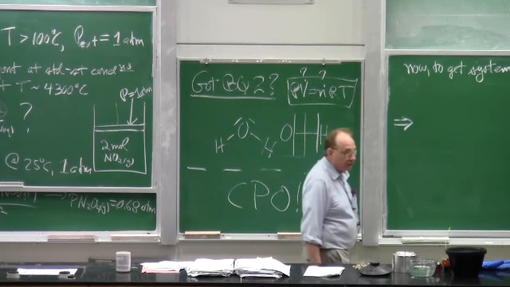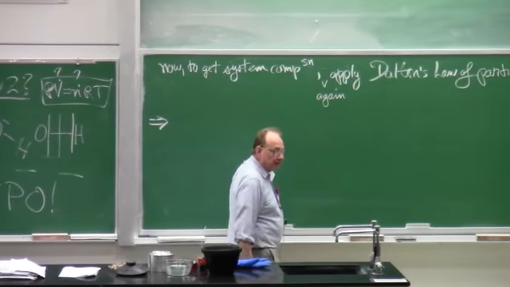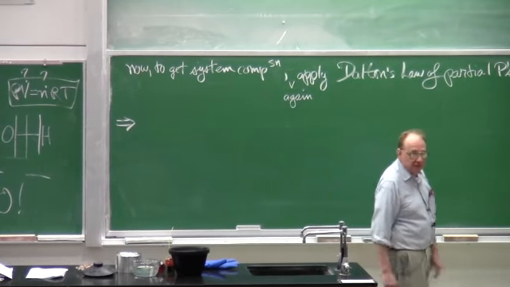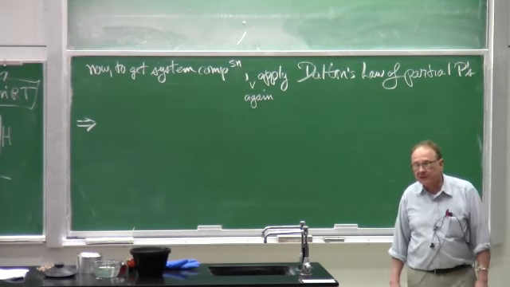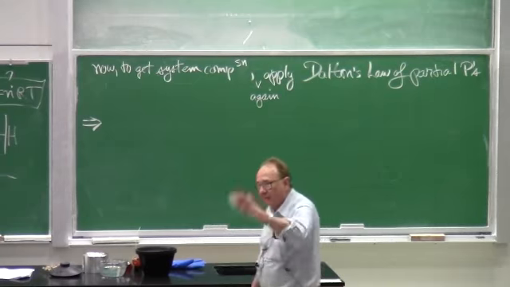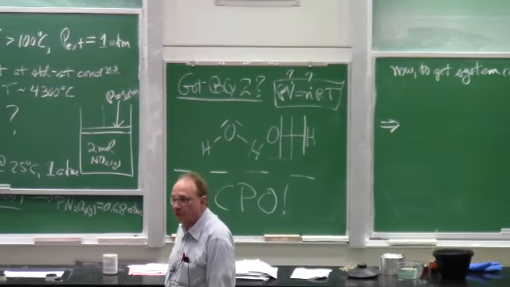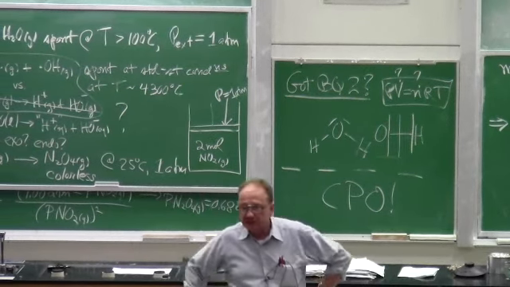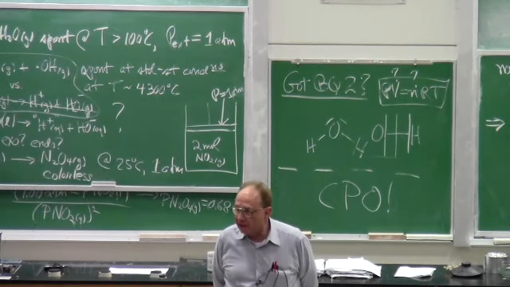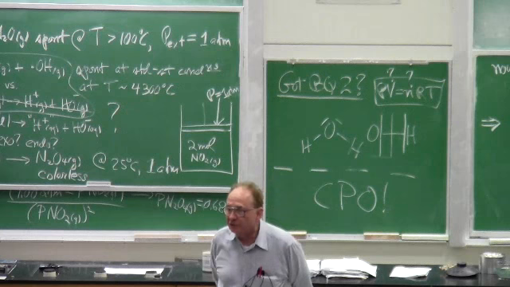What is the second aspect of Dalton's law? We talked about the sum of the partial pressures equals total pressure. What's the other aspect of Dalton's law? Come on, most of you did this yesterday. The partial pressure of an individual gas in a mixture of gases is directly proportional to what?